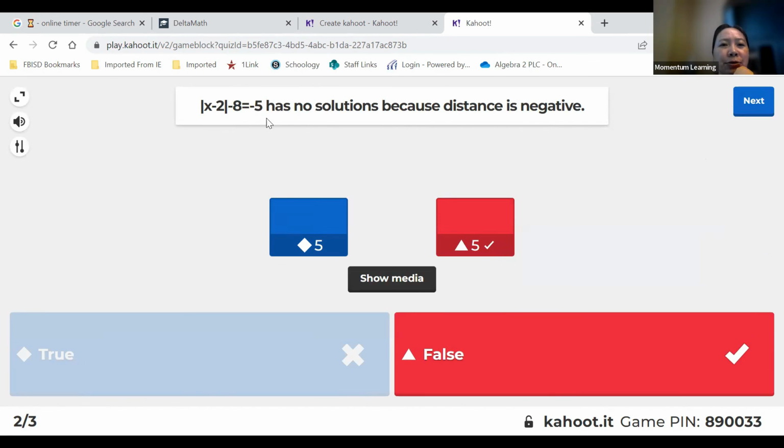So it says this equation has no solutions, because distance is negative.